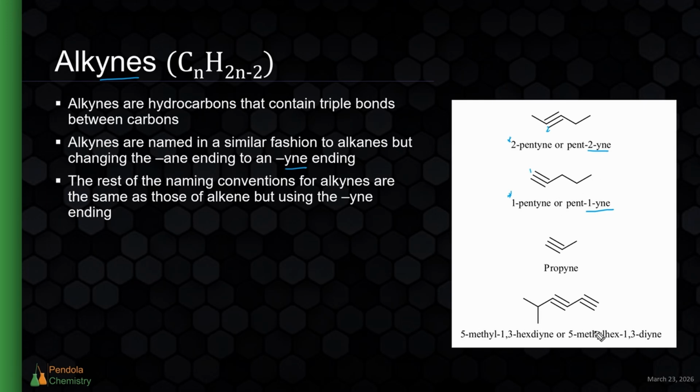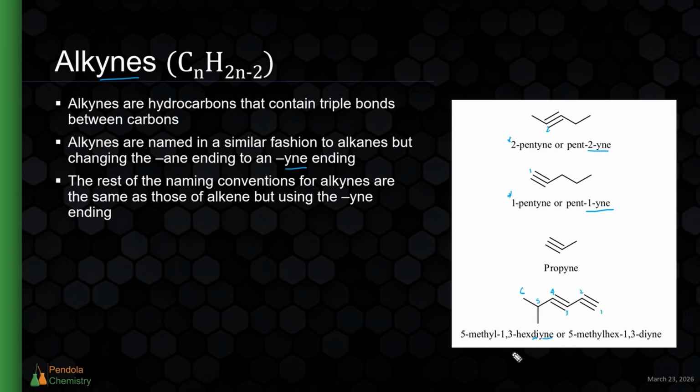And then if we have multiple triple bonds like we do here, 1, 2, 3, 4, 5, 6, like hexadiyne, di meaning that there are 2 triple bonds, Y and E telling us the triple bond, hex because it's 6 carbons. We do need to put the location of them because this could be in multiple different places. It could be in 1,3 or 1,4.